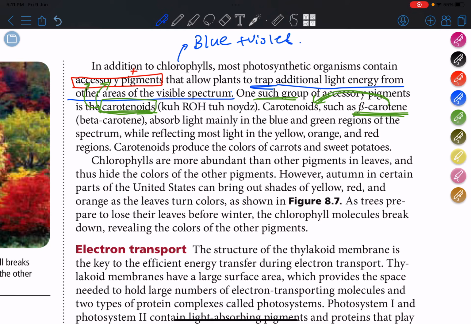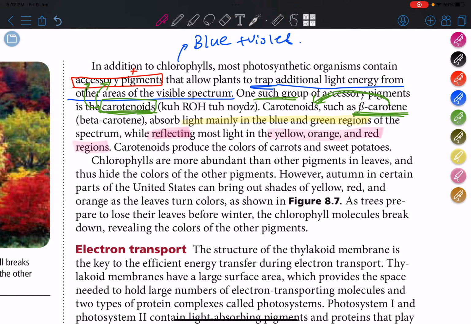Carotenoids, like beta-carotene, absorb light mainly in the blue and green regions of the spectrum, while reflecting, this is very important, while reflecting mostly in the yellow and orange and red regions. Right, so let's go over that again.